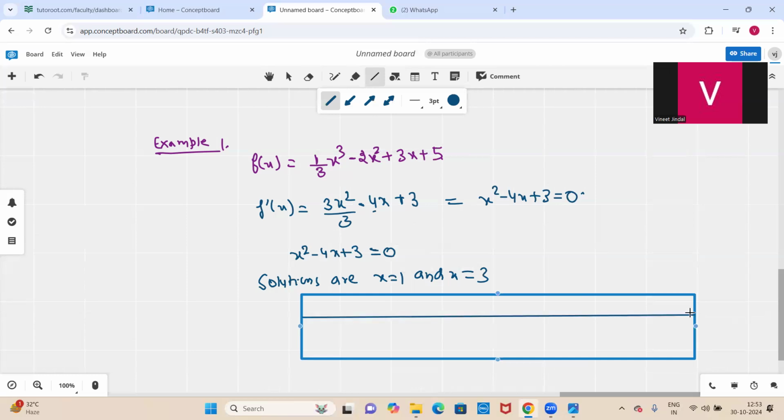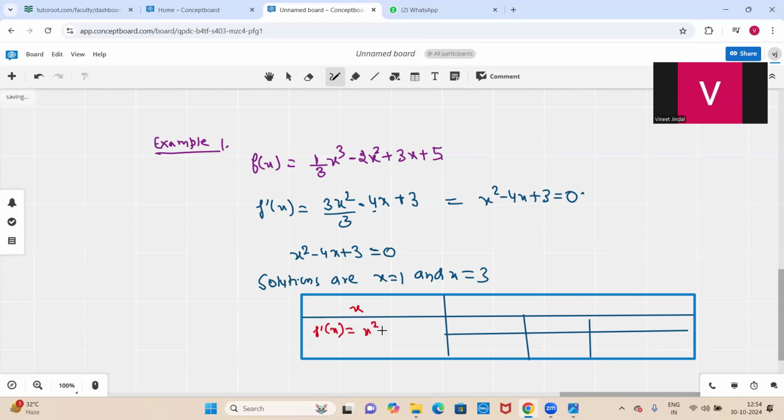On the table, on these critical points, we will find out whether the point is maxima or minima. This is x and this is the derivative, which is x square minus 4x plus 3. The critical points are 1 and 3.